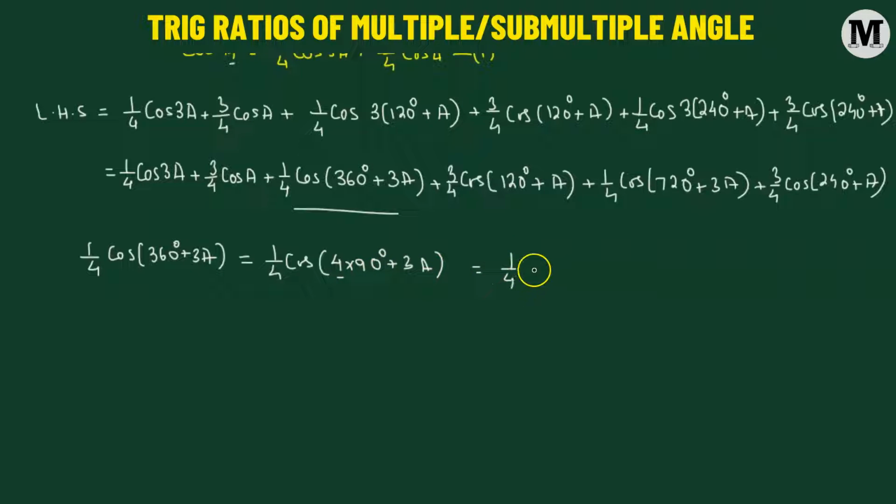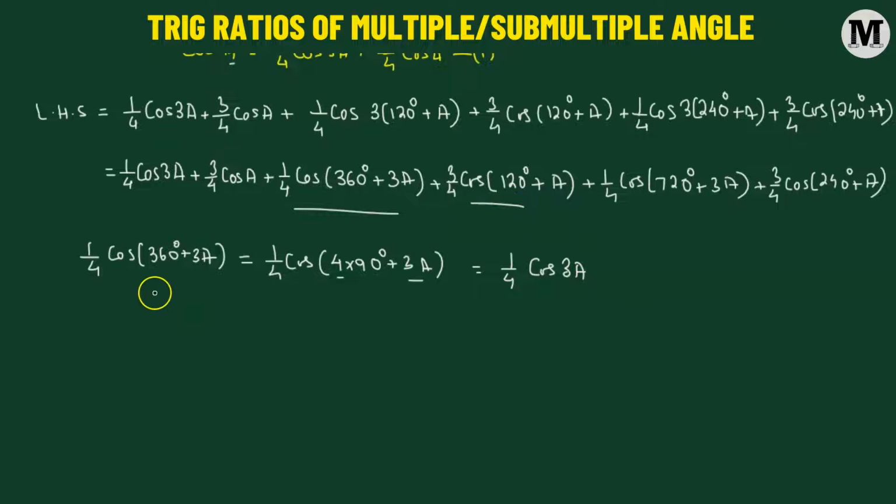We have 1/4 multiplied to it. So we'll have the cosine function, but the new angle is going to become 3a. Now 4 means that we are in the 4th quadrant. But we are also adding another angle 3a to it, which is going to take us to the 5th quadrant. And the 5th quadrant is nothing but the first quadrant, where all trig functions are positive. So that means 1/4 of cosine of 360 plus 3a is going to be equivalent to 1/4 of cosine of 3a.